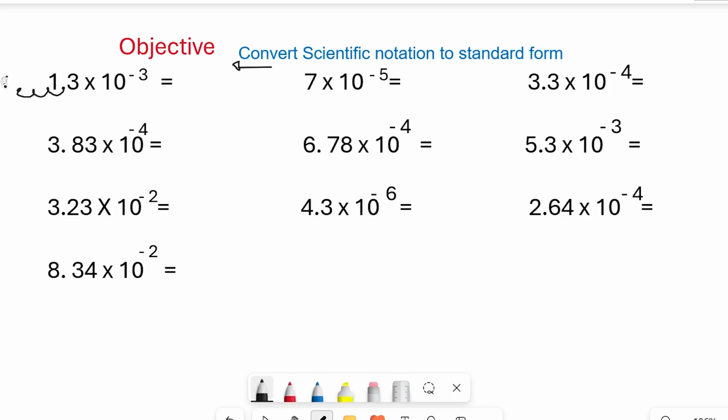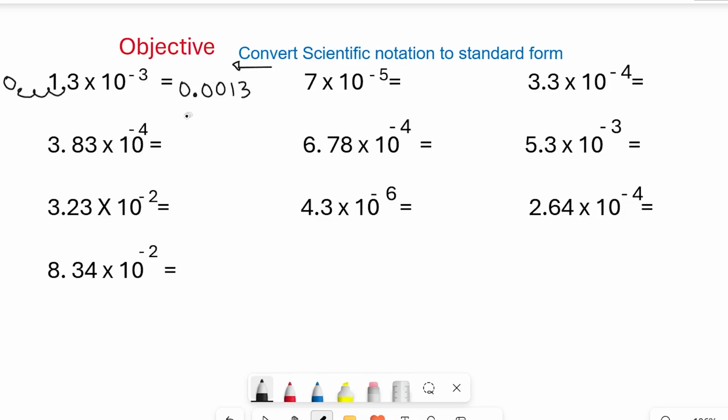Of course, the whole number is going to be 0. The empty places, you have to put 0. So the answer should be 0.0013.